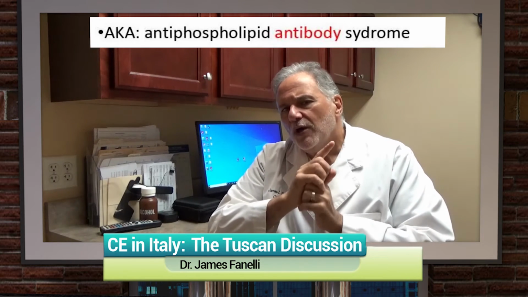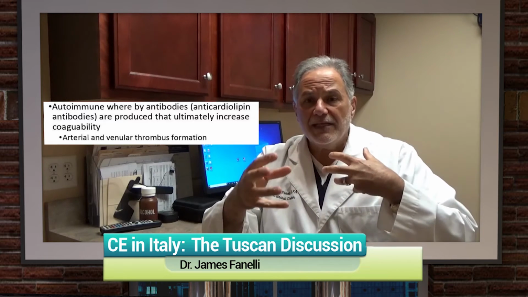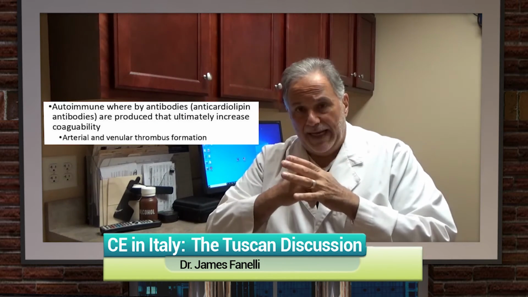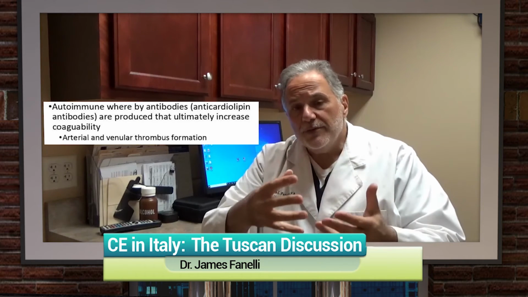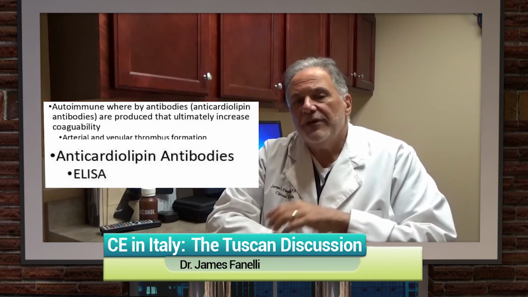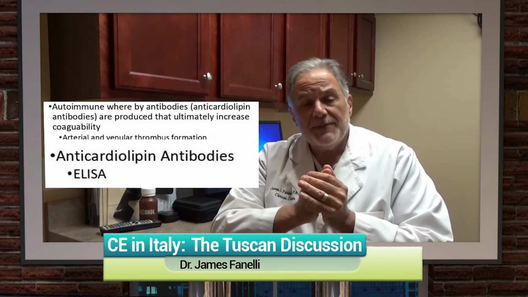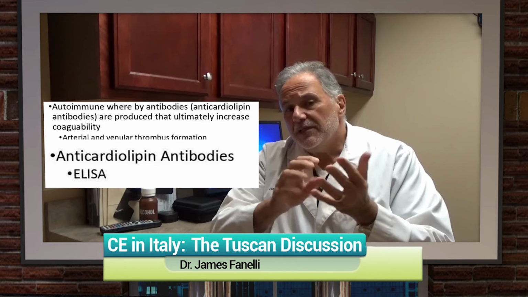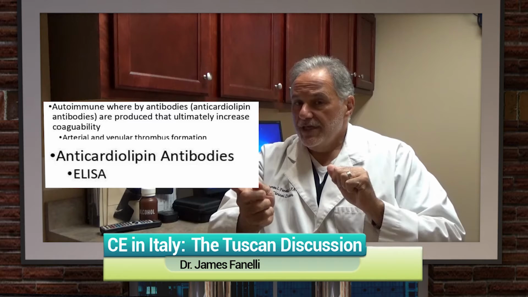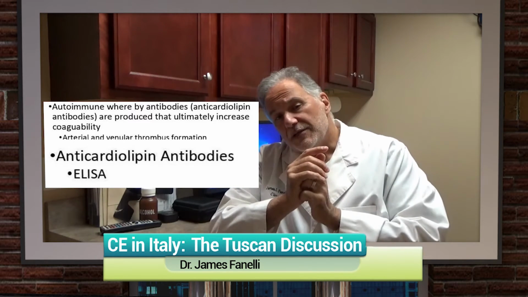This is an autoimmune disorder whereby certain antibodies, in particular anticardiolipin antibodies, are produced, and these antibodies increase coagulability in these individuals. And these thrombi can form in both the arterial system and the venular system.